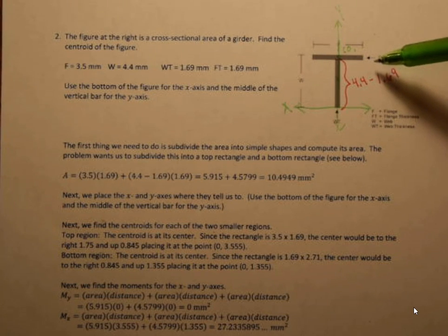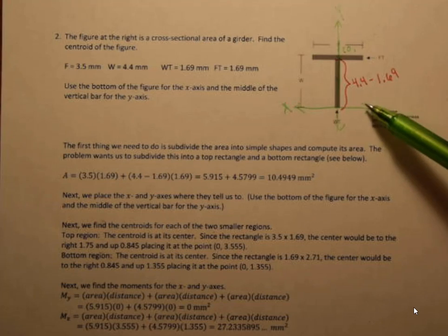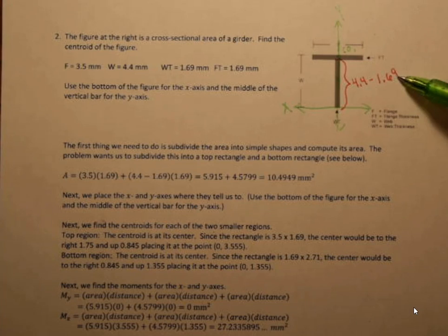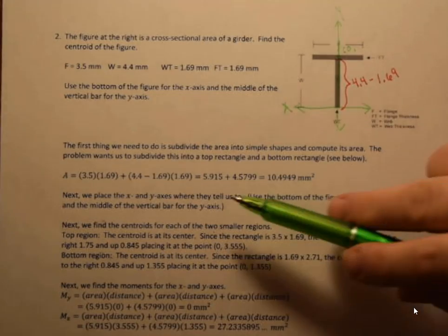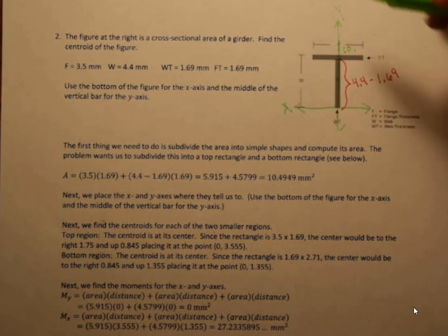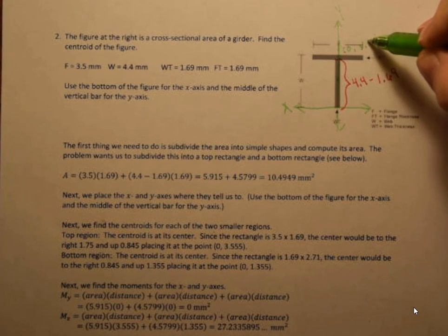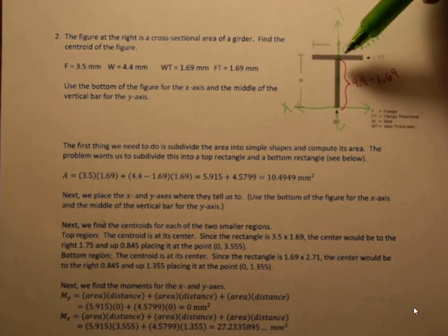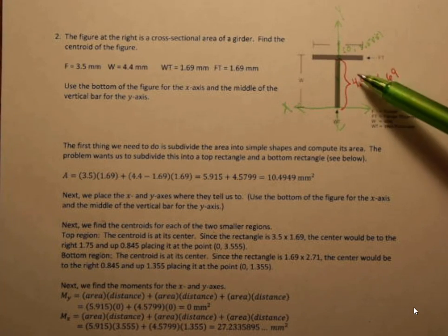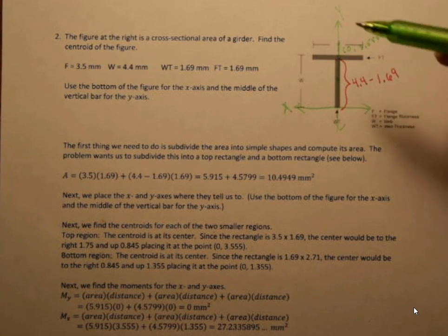Half of 1.69 is 0.845. But our x-axis is down here, so we have to go up this entire distance and then up the other 0.845. And that would give us 3.555. So the top centroid would be 0 and then 3.555.